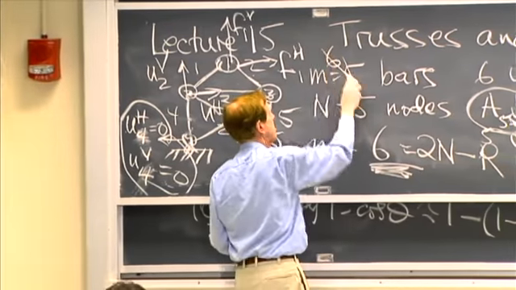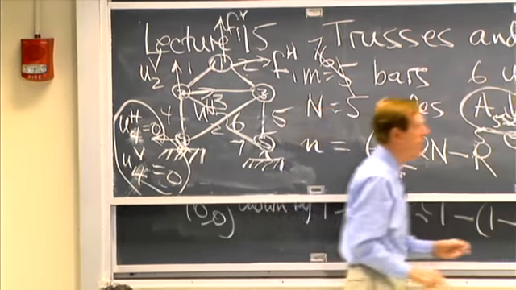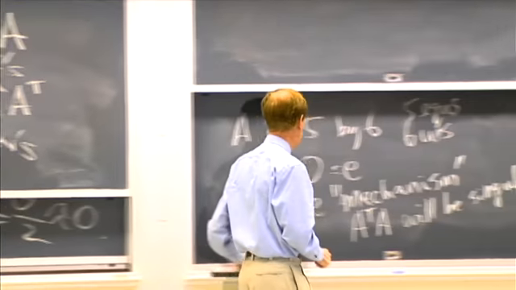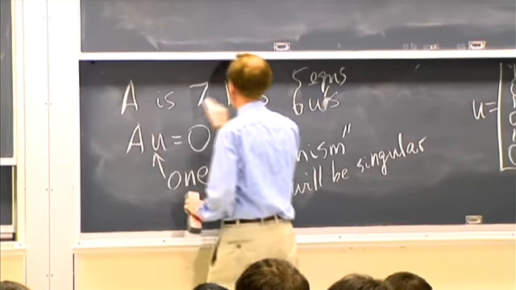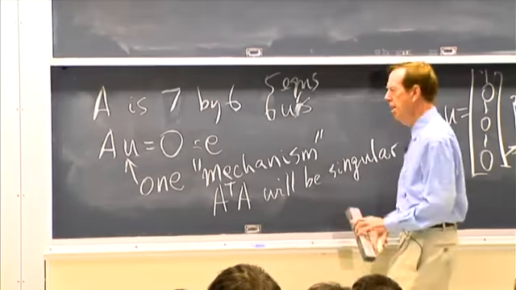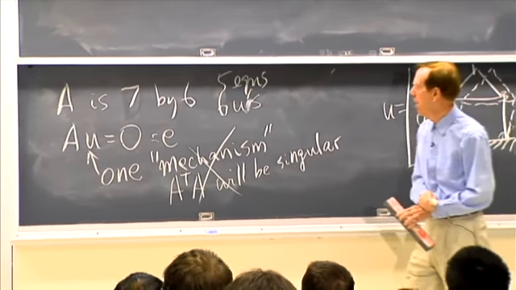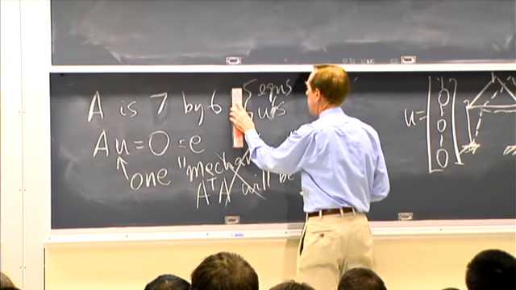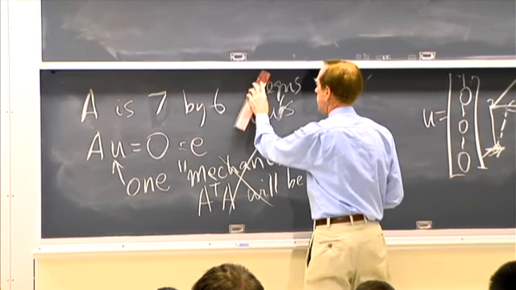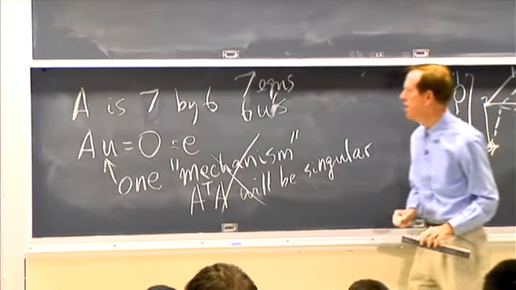M is now up to 7. My matrix A would now be 7 by 6. The mechanism will be gone because I've now got 7 equations, and still the same 6 U's.